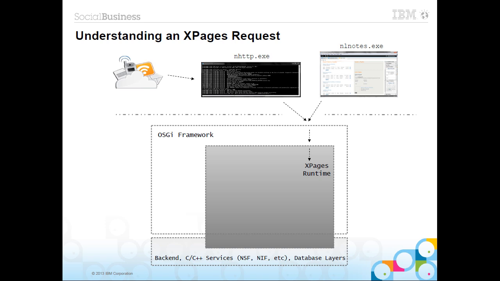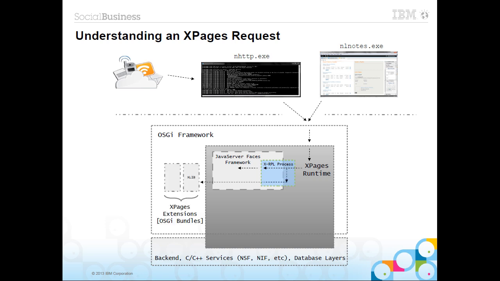So there is direct exchange between the XPages runtime and the backend. Next, the XPages runtime loads the Javaserver Faces framework if it's not already loaded, and begins to invoke the XPages Request Processing Lifecycle process. Subsequently, any other XPages extensions, such as the XPages extension library or any other OSGI-related bundles, are loaded.